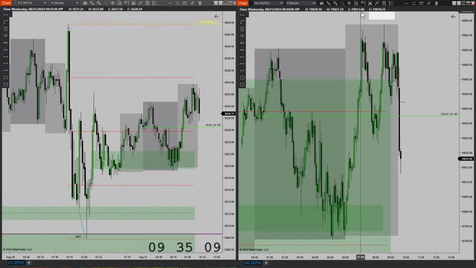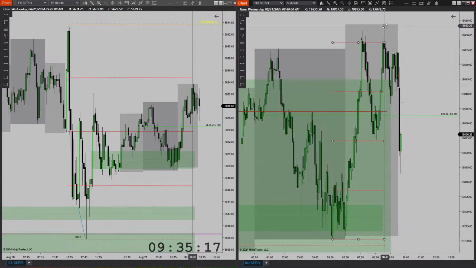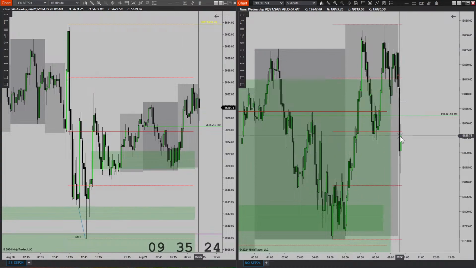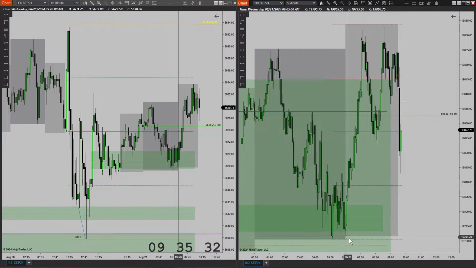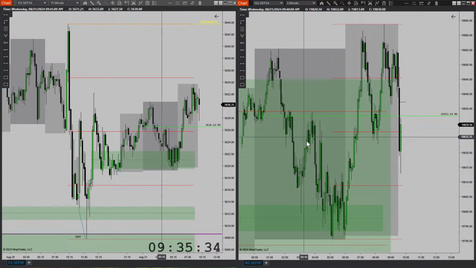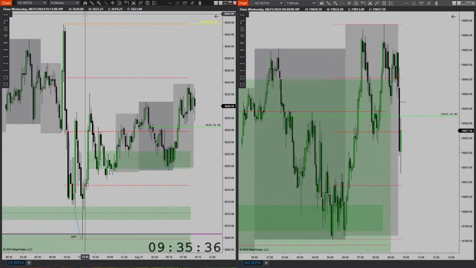I want to see how price closes here. This is a low time frame dealing range. On the 5 minute, we close below it. I would actually like to see a close below here, and then I'd look for an entry to get second stage. But we are reversing, so that's good.